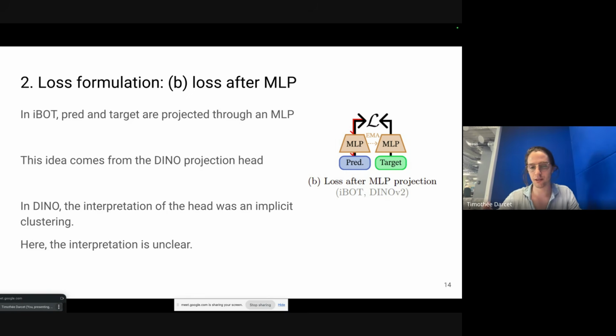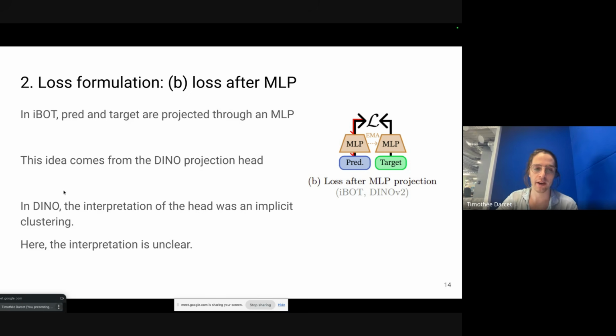It was kind of doing an implicit clustering, and here I just cannot interpret what this is supposed to do. I have no idea. The MLP is going to be trained to match the prediction to the target, and then the target is going to have the same MLP but with no gradient here, and I just don't know what the optimization dynamics are going to do here.